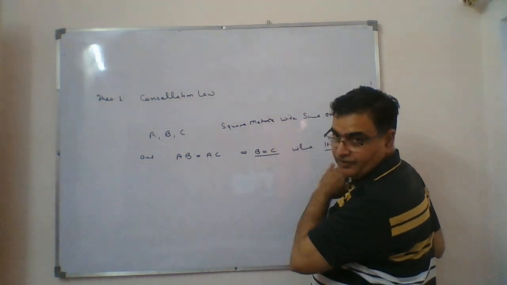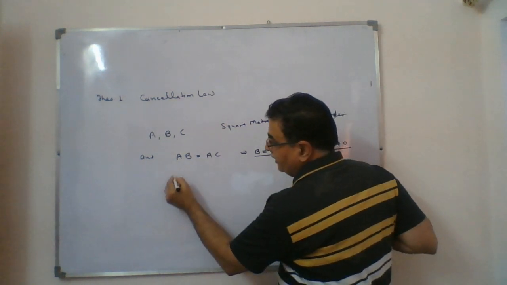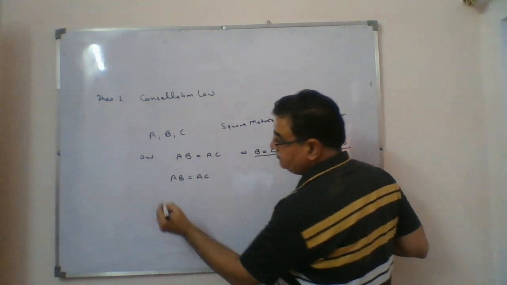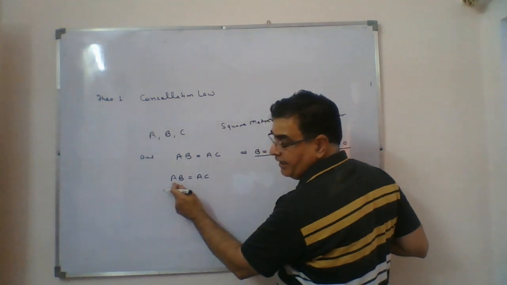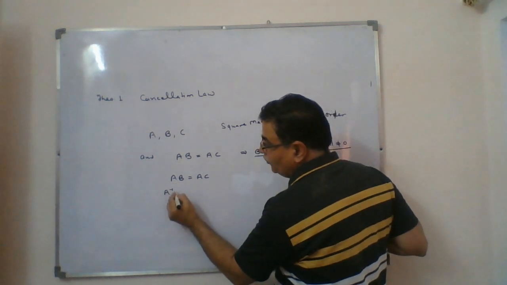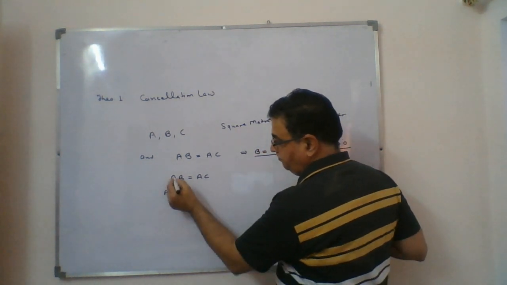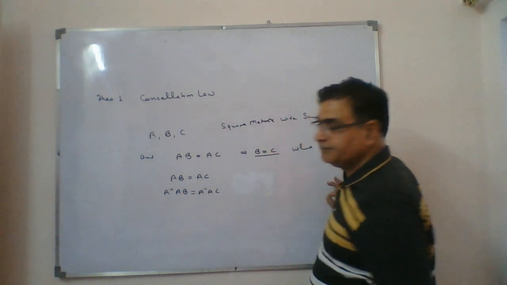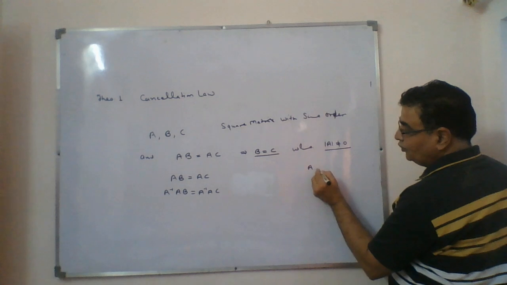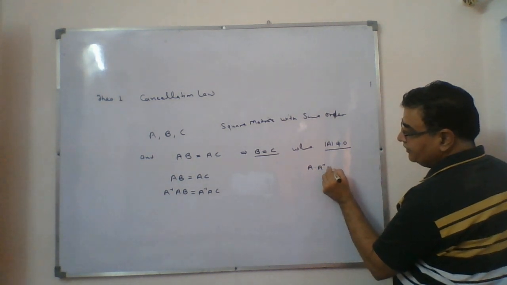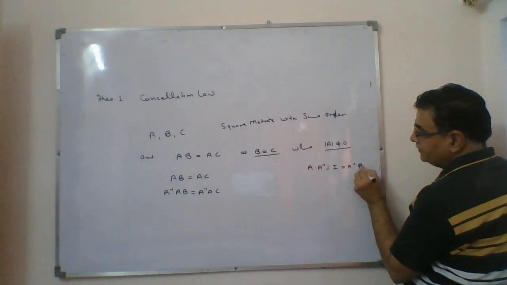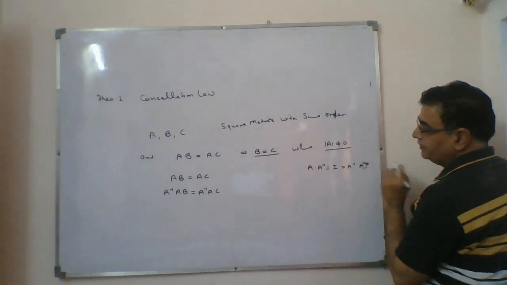How we get this result, I'll tell you. AB equal to AC we have. As I want to remove A, I take A inverse of this: A inverse A B and A inverse A C. This property I already told you, A multiplied with its inverse gives identity. So A inverse A is again identity.